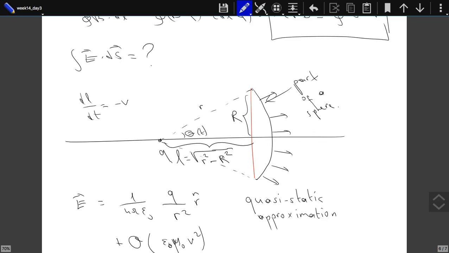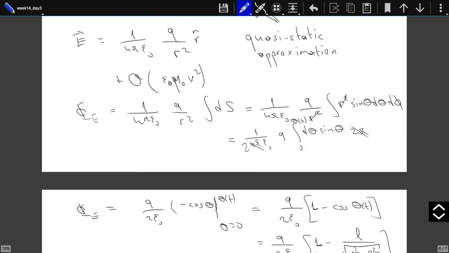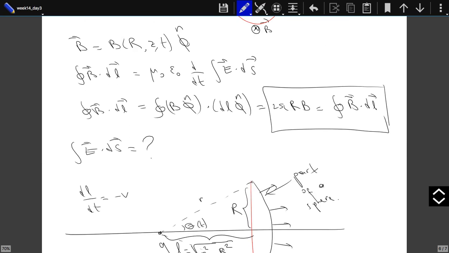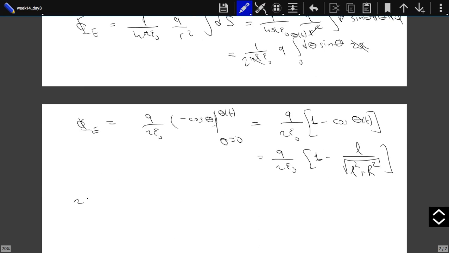So as my particle is moving, if it has a positive speed, then L is getting smaller and smaller with time, so dL by dt is minus v. So that's what I will be using. And now we have everything we need. 2 pi r times B, this is B dot dl. This should be equal to mu 0 epsilon 0 d by dt of the electric flux.